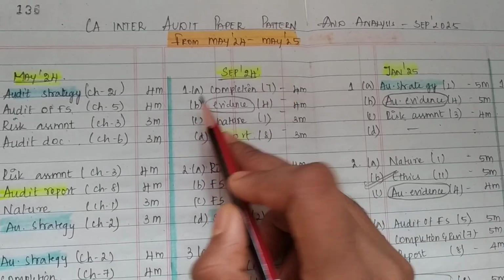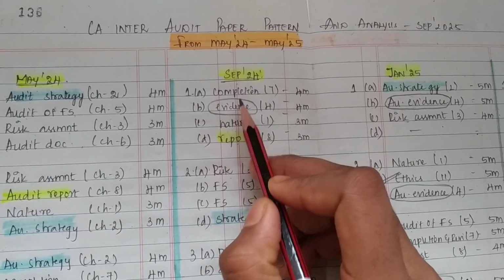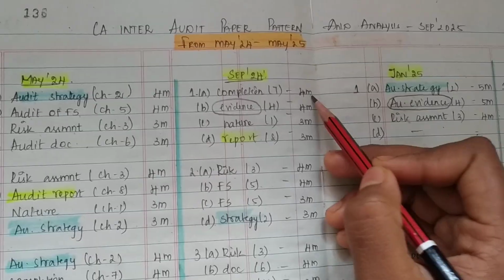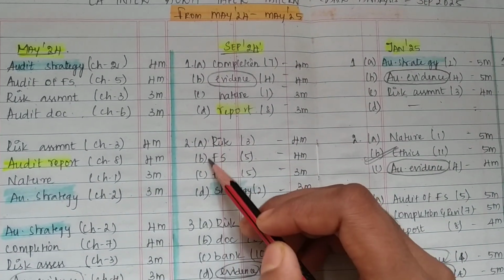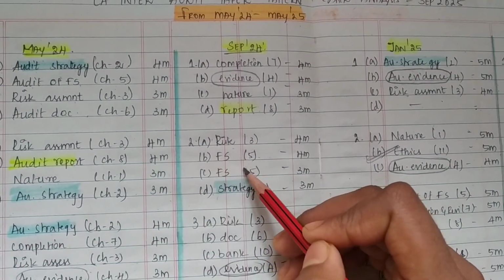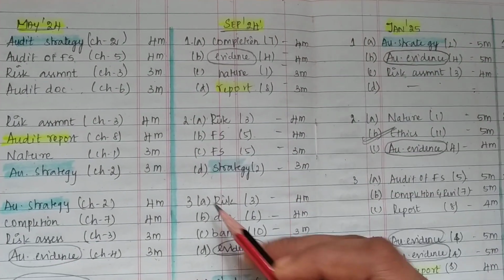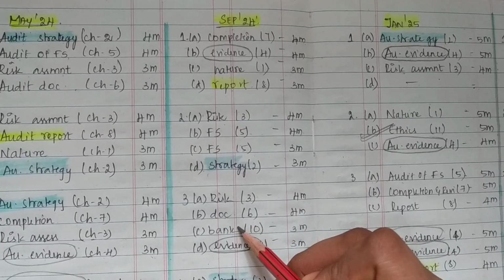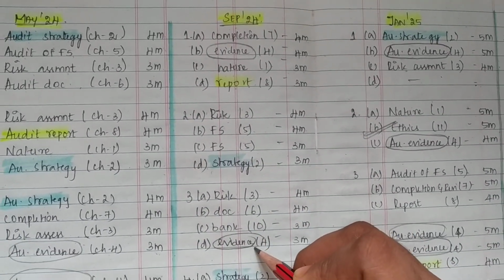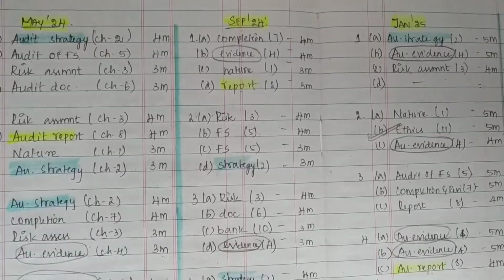In the September 24 attempt, they have asked 1A, 1B, 1C, 1D: completion, evidence, nature, report for 4, 3 marks. 2A, 2B, 2C, 2D: risk assessment, financial statement, strategy for 4, 3 marks. Third question: risk assessment, documentation, bank chapter and evidence chapter for 4, 3 marks.